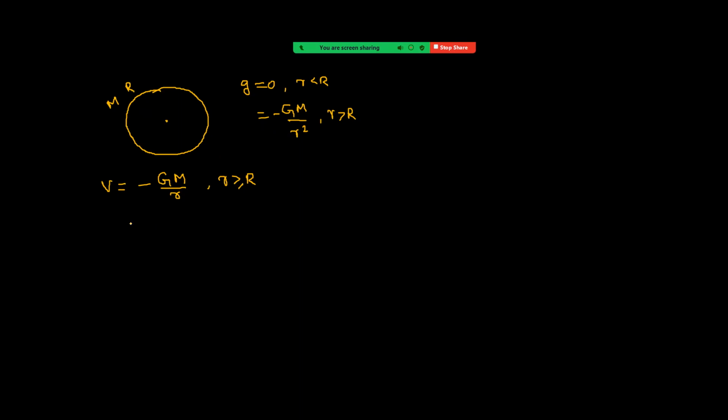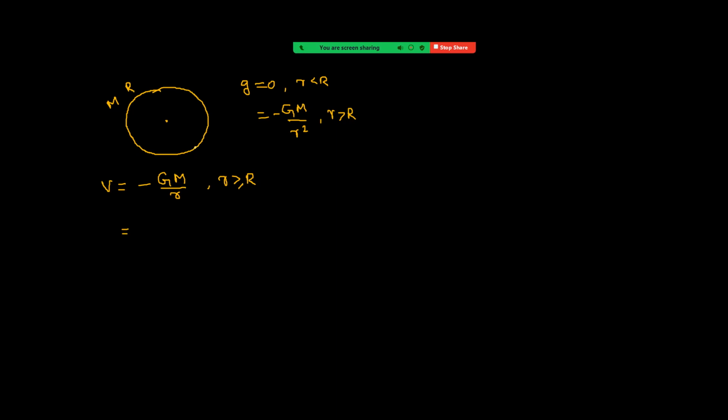Now observe carefully the definition of potential. It is work done by external force to move unit mass from infinity up to that point slowly. Means if you are taking up to surface, then in the place of small r, it is capital R. Means potential on surface is minus GM by capital R.